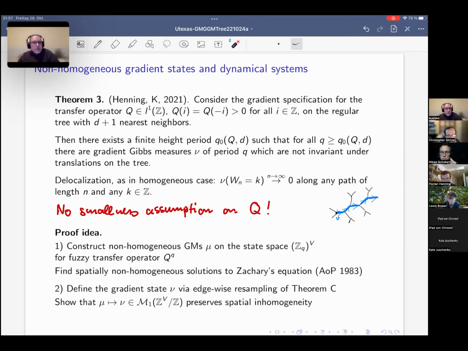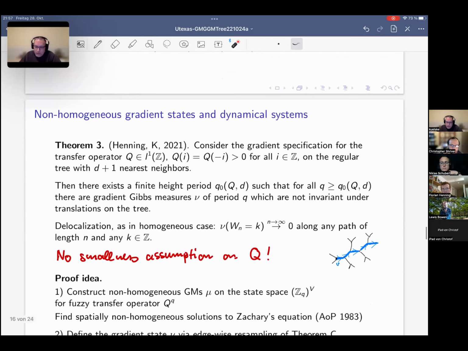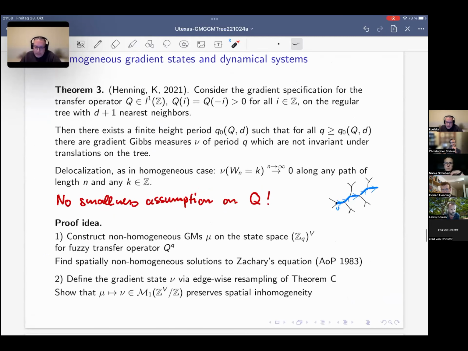So maybe to flash a little at least, what's the idea? To reconstruct non-homogeneous Gibbs measures on this Z_Q state space, with the machinery which I described for you. We are trying to find some measure here which is not translation invariant, which is strange somehow, and do this for general models nevertheless, and large Qs.